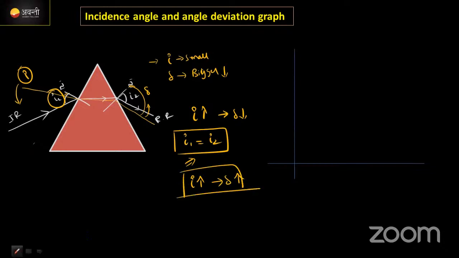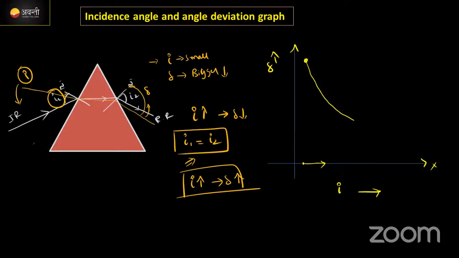Okay, we need to represent this in a graph, right? That's why I stopped here. Here I will take the angle of incidence along the x-axis and deviation along the y-axis. First, when the angle of incidence was minimum, at that time the deviation angle was maximum. I'm marking here, deviation angle is maximum. If you keep on increasing the angle of incidence along the x-axis, deviation becomes down, down, down like this.